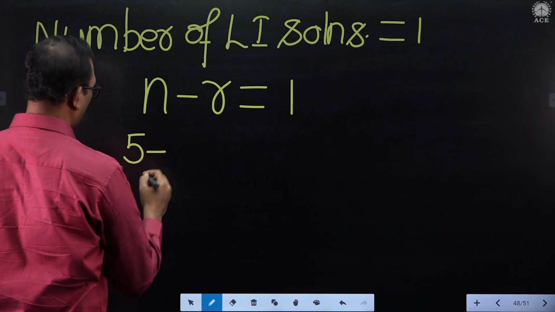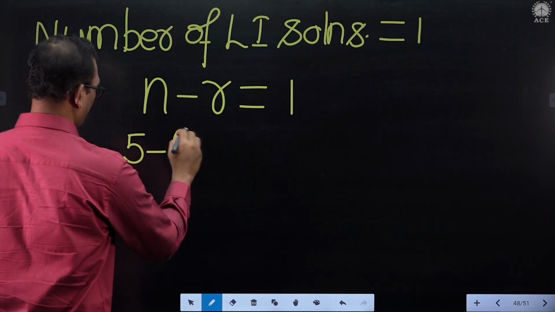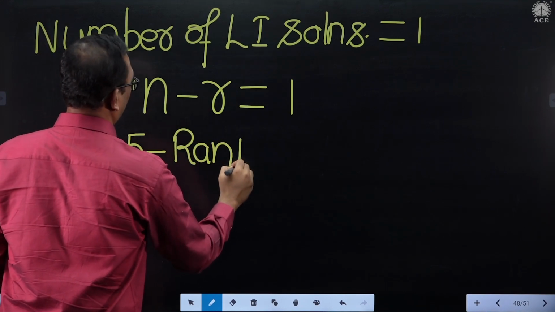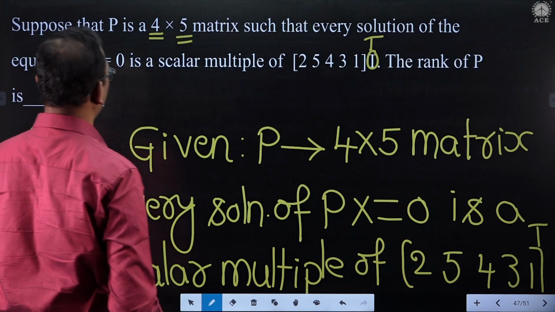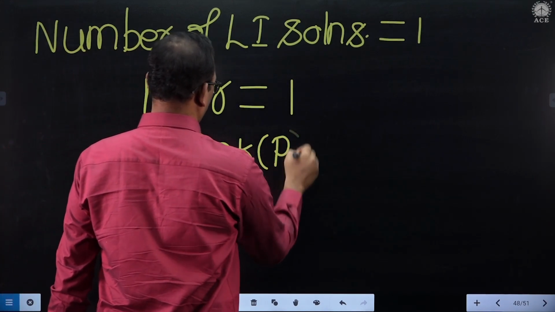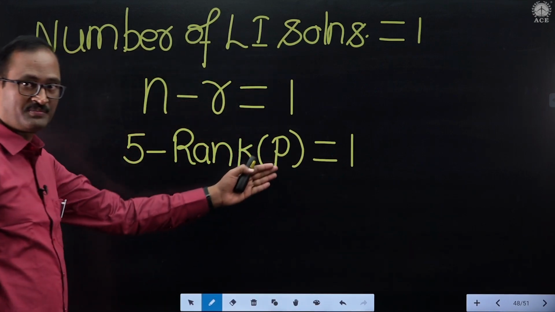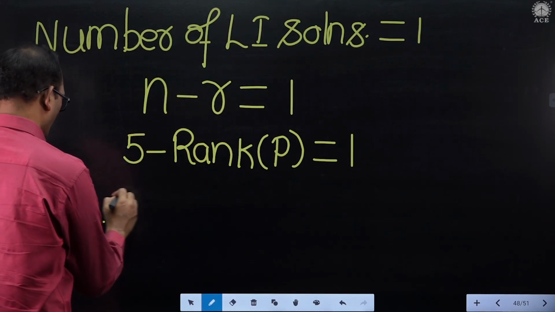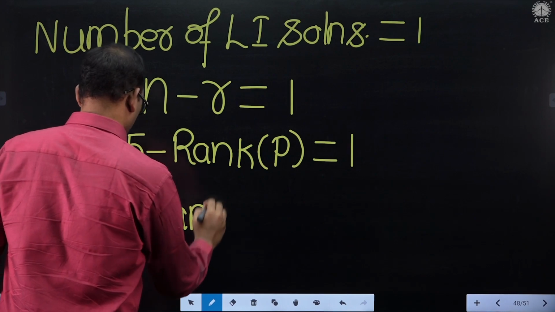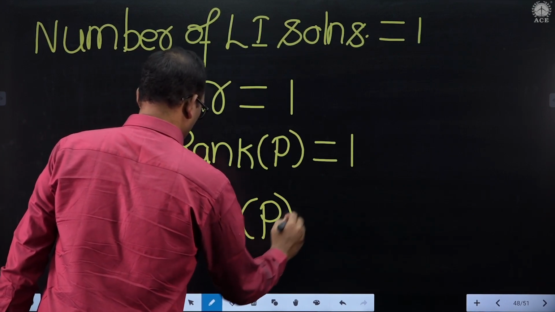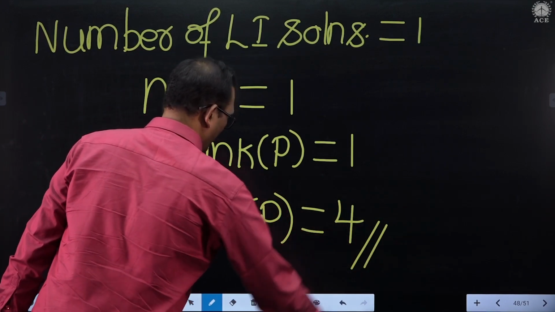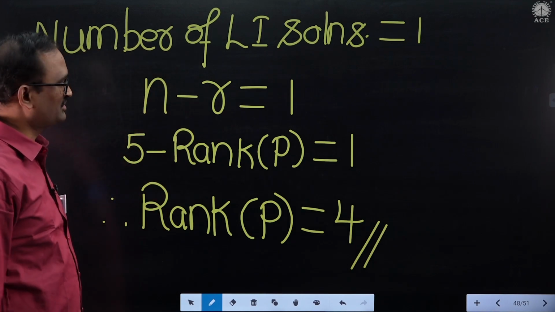R means rank of the given matrix P. From this, 5 minus r is equal to 1, so r is equal to 4. Therefore, rank P is equal to 4. Now let us see the next problem.